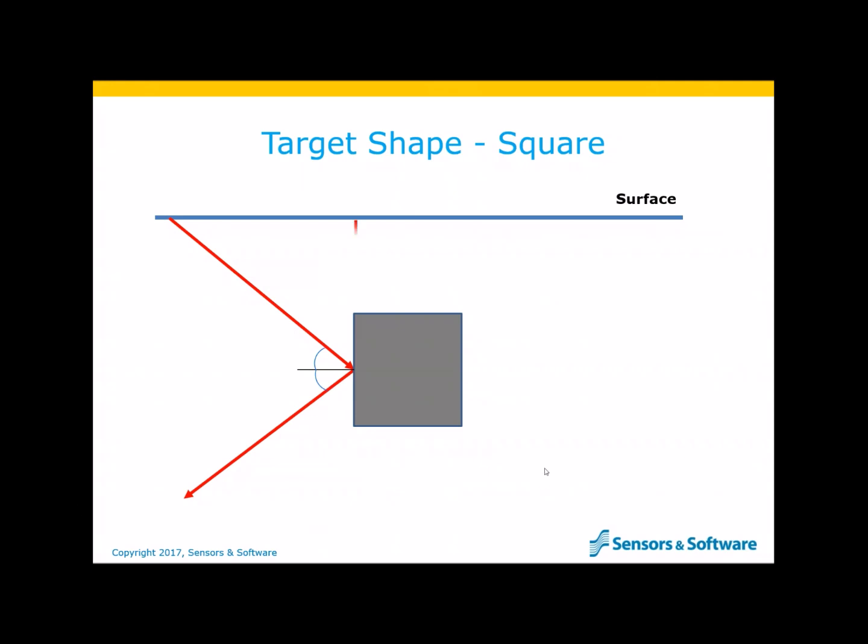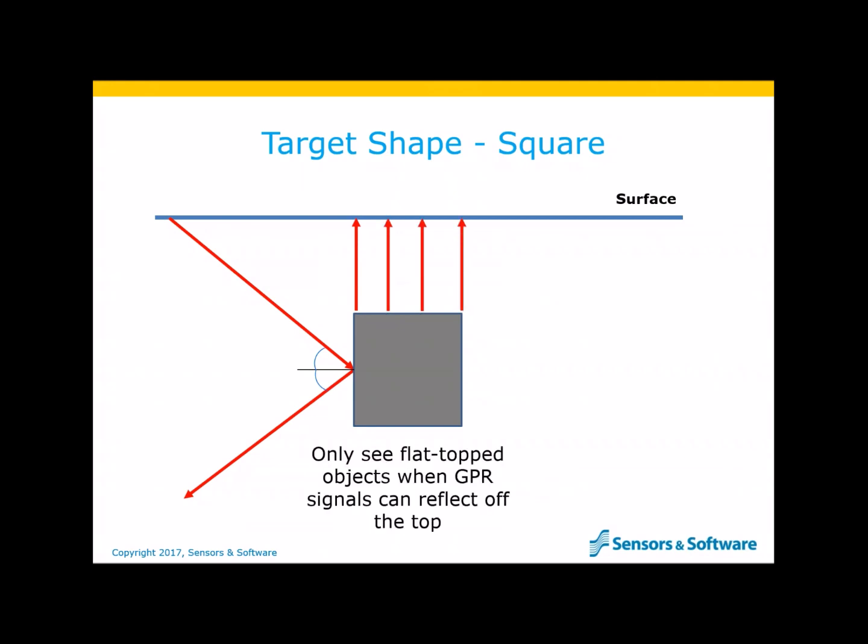This means that a square object is not detectable with GPR until the GPR is right over top of it and can bounce energy off the flat top. Once the GPR is past the square object, the same thing happens as approaching it. GPR energy traveling behind the GPR reflects from the side of the square object and reflects downward.